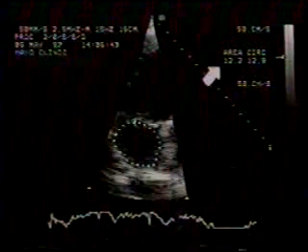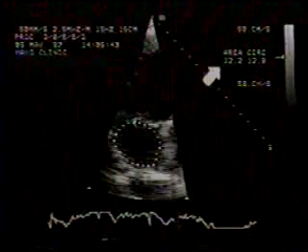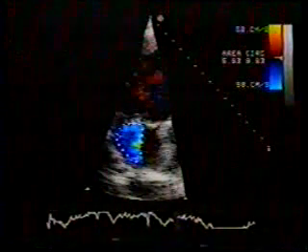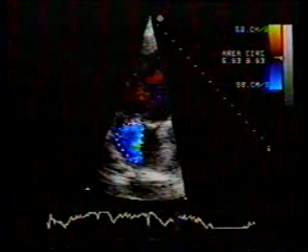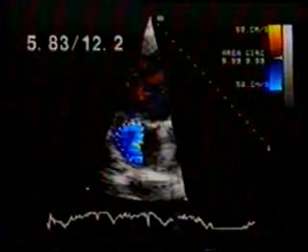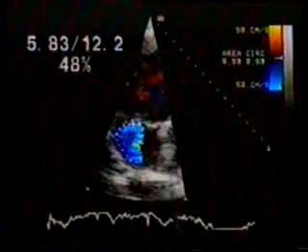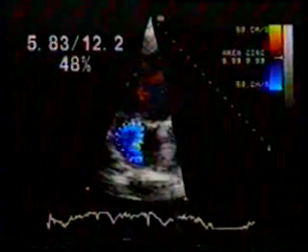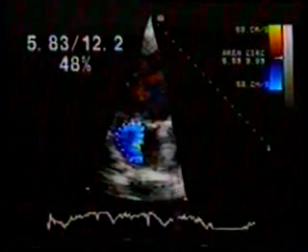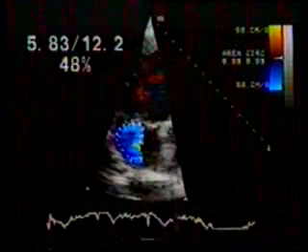Its area is 12.2 centimeters squared. Therefore, the regurgitant jet to left atrial area ratio in this plane is 5.83 divided by 12.2, or 48%. This correlates with severe regurgitation, according to the previously displayed data.